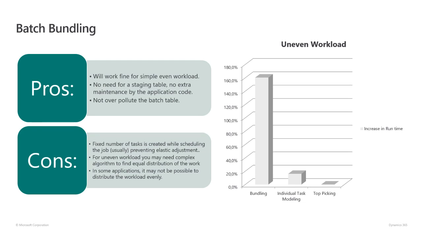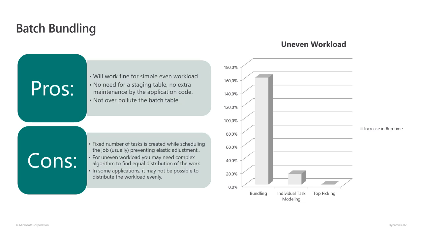Batch bundling works fine for simple, even workloads, and there's no heavy extra maintenance required by the application code, and it does not typically pollute the batch tables a lot. Some cons are that a fixed number of tasks is created while scheduling the job, and it is preventing elastic adjustment.